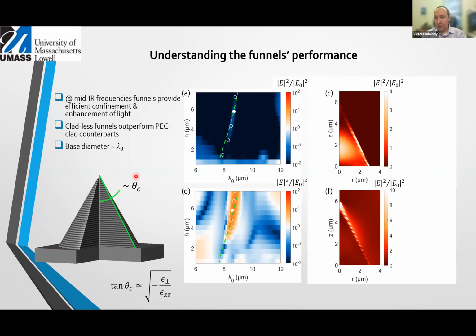So these are, as I already showed you in some of the simulations, the expected intensity distribution of light within the structure. But in all our setups and in all practical setups, the base of the funnel is about a wavelength of light, or vacuum wavelength of light.